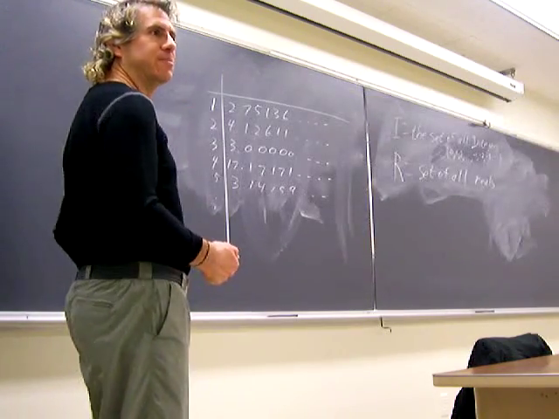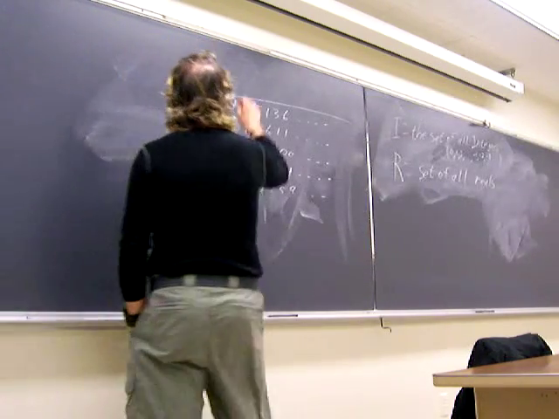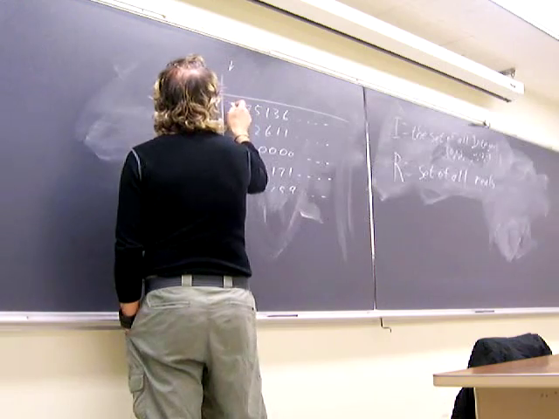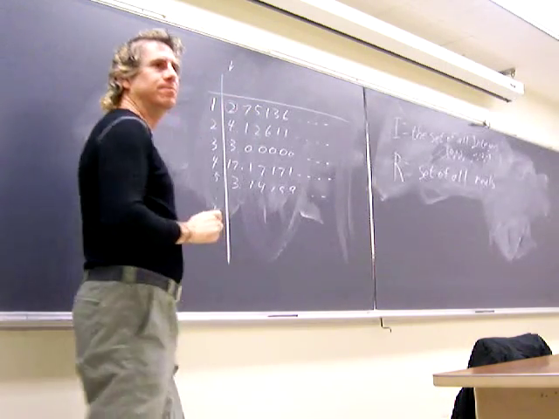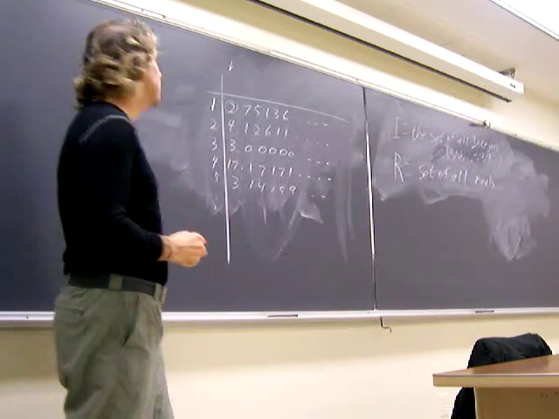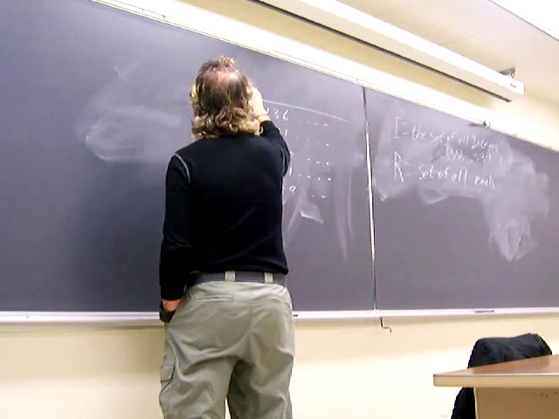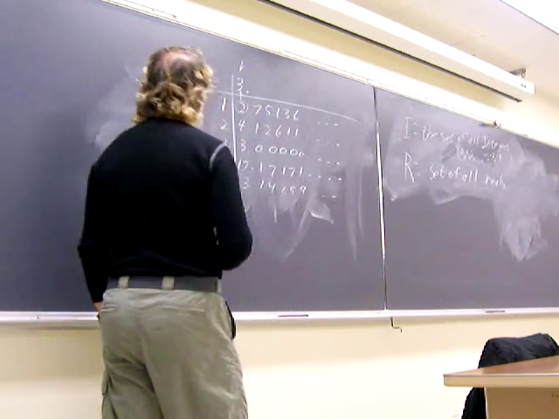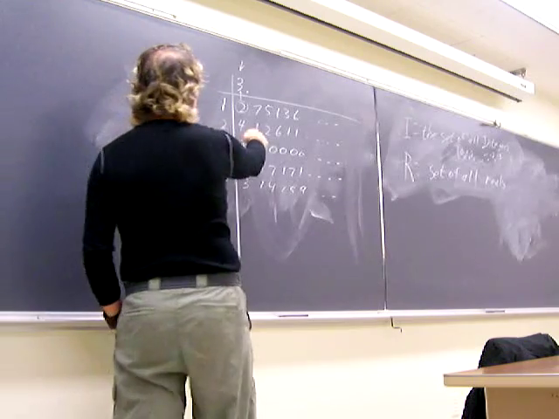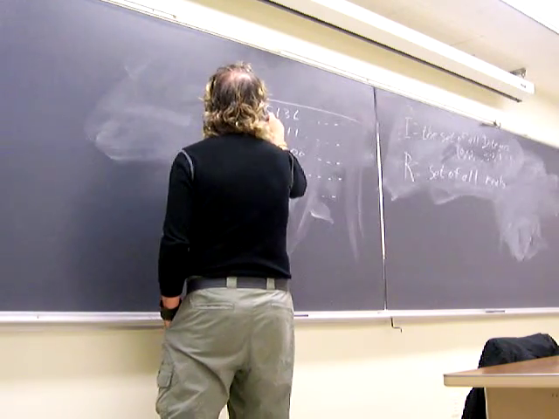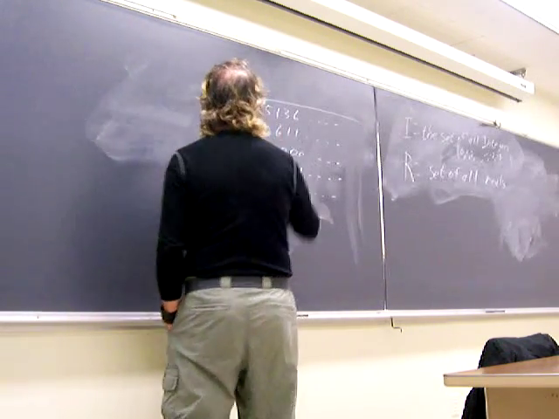Okay, so you turn this in for your homework, and I'm going to take this and give you a new real number. What I'm going to do is for the first digit, I'm going to look at the first digit of the first number, and I'm going to add 1 to it. I'm going to write down a 3. And for the second digit, I'm going to go to the second number, look at its digit, and add 1 to that. I'm going to get 2.